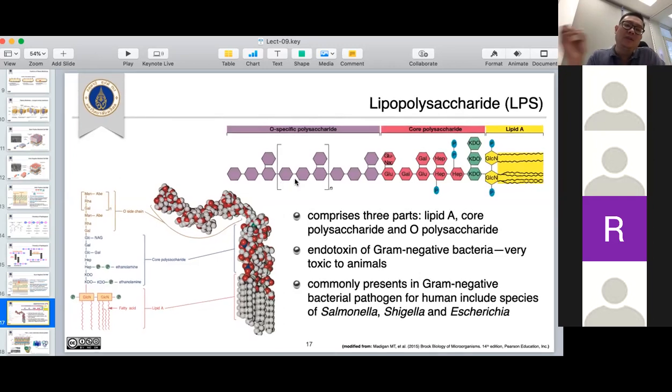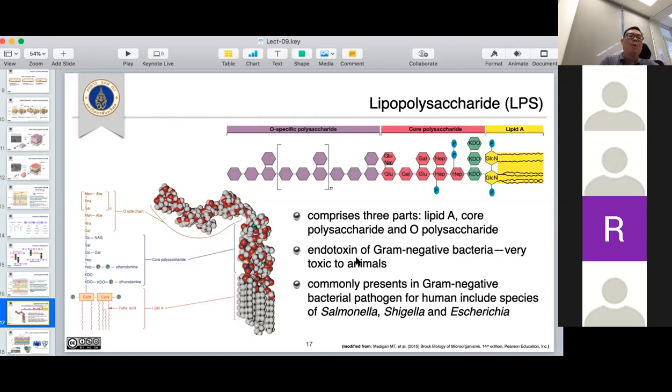When these bacteria go inside the human body, the immune response will recognize this part, because different bacteria show up with different patterns. But the lipid A itself here, the yellow part, functions as a toxin. This toxin is called endotoxin. The endotoxin is very, very potent. It is heat stable because it is made of lipid, so heat cannot destroy the structure of lipid.